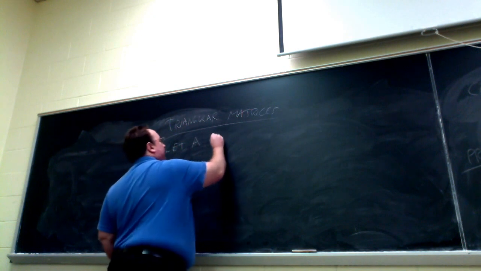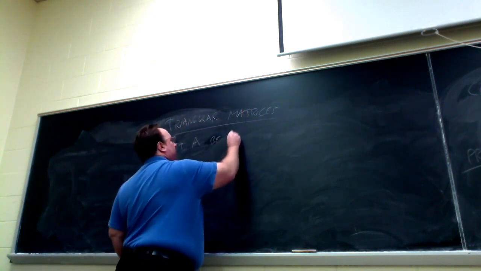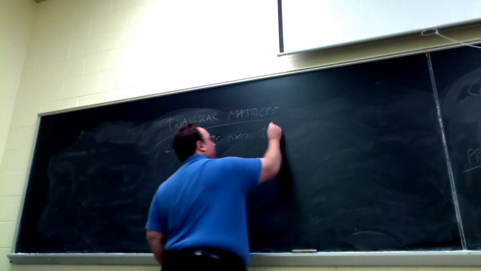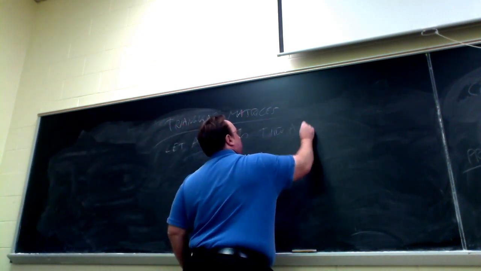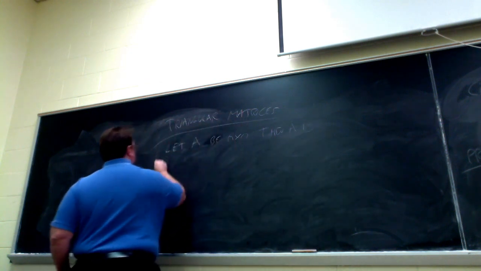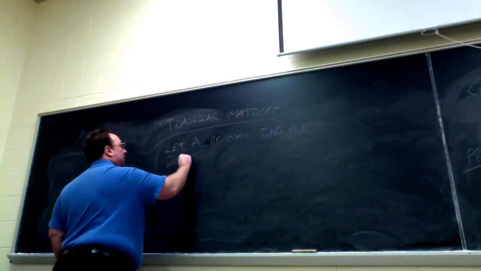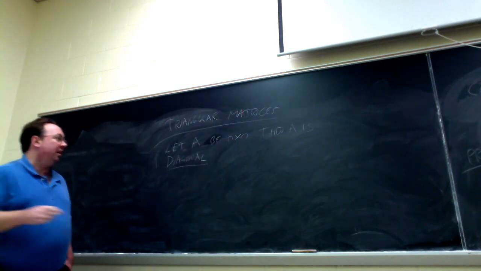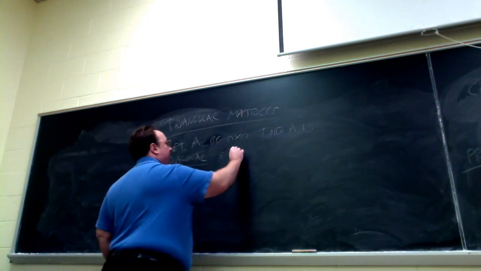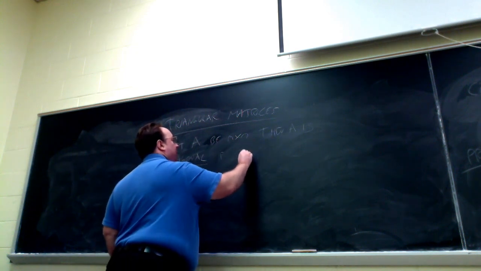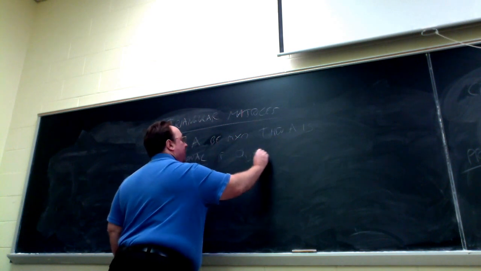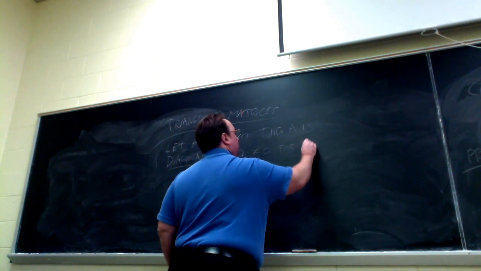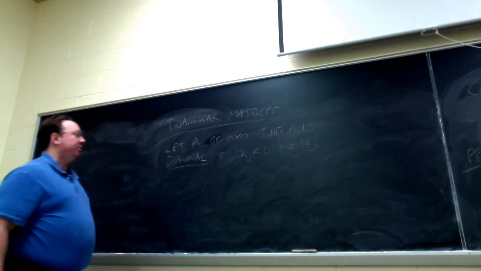Suppose A is m by n. Then A is, well, the best kind of matrix is one that's diagonal, if Aij is equal to 0 for i not equal to j.